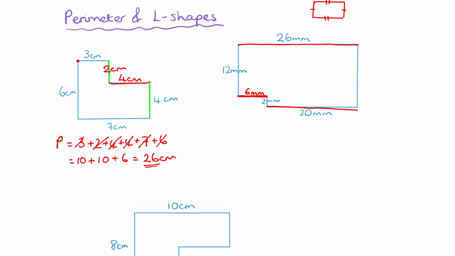Okay, and then if we change colour so we can look more easily at all the lines going down the way, we've got this one, which is 12, we've got this one, which is 2, and we need to find this one.